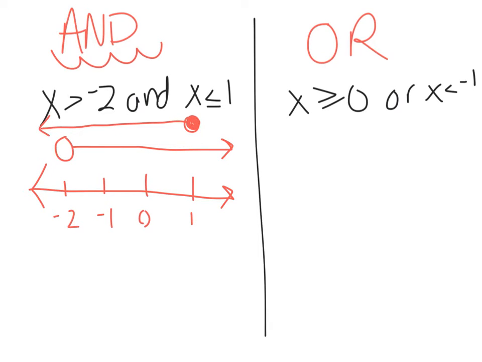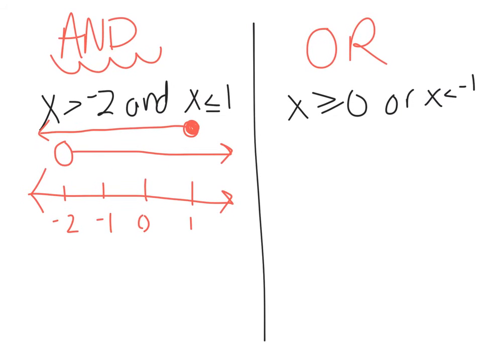You need to satisfy both in order to be a solution to that compound inequality. The overlap of these two solutions is right here, from -2 to 1.